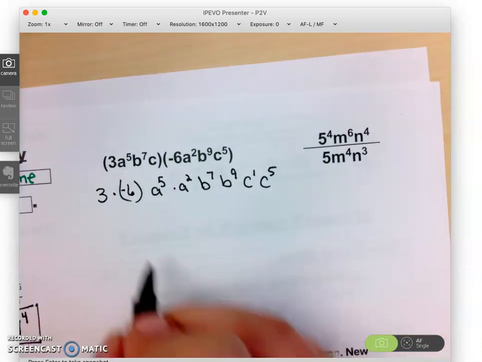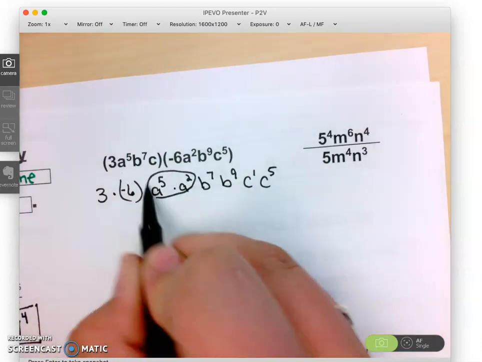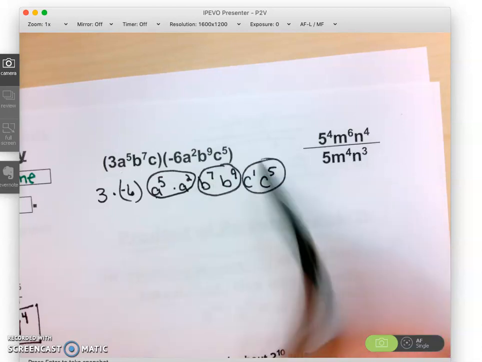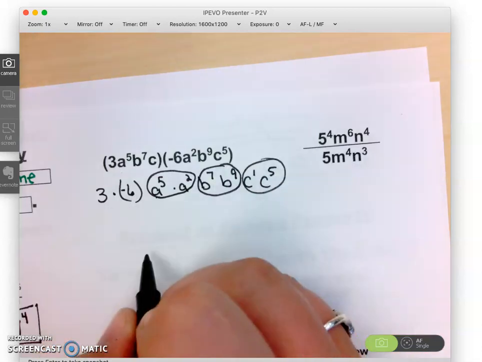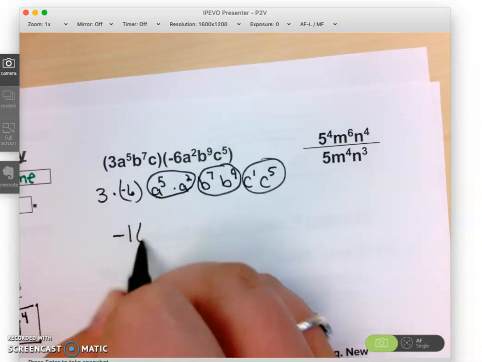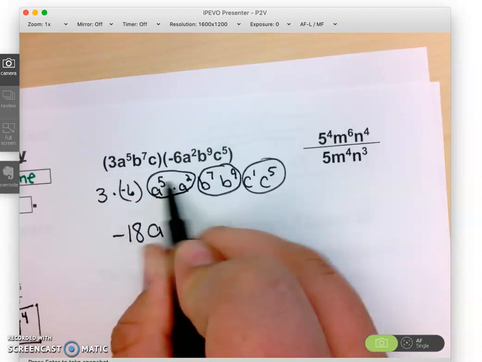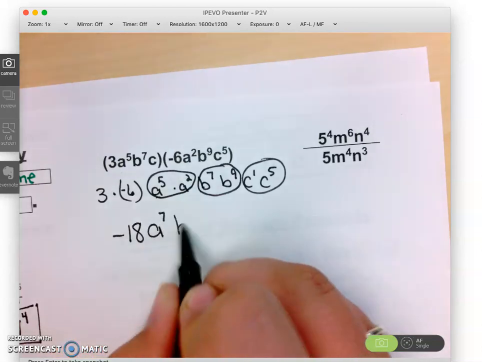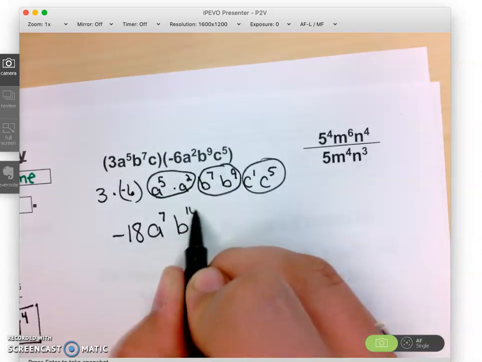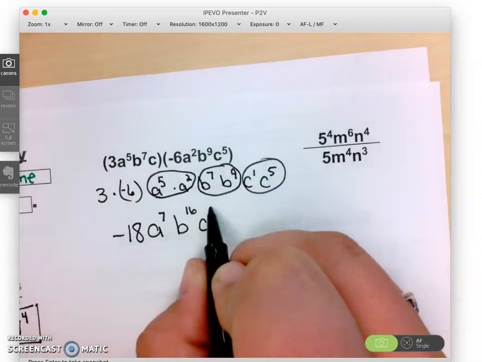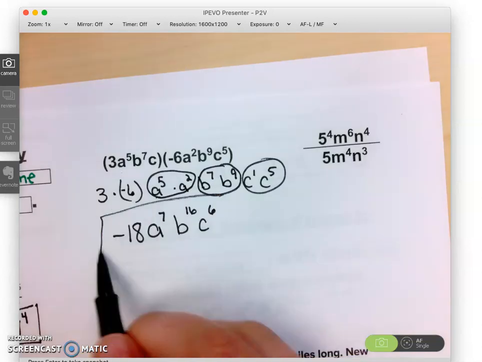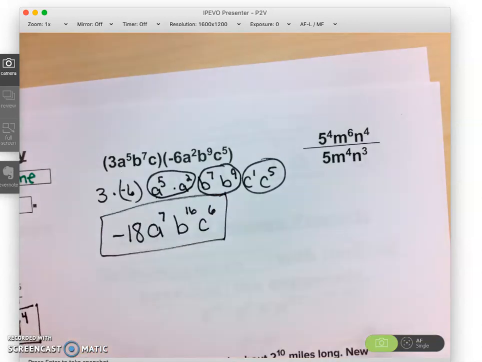And I can combine these letters, and these I can work out. So 3 times -6 is -18. 5 plus 2 is 7. 7 plus 9 is 16. C to the 6th power. Done. This is as far as I can go with those variables.